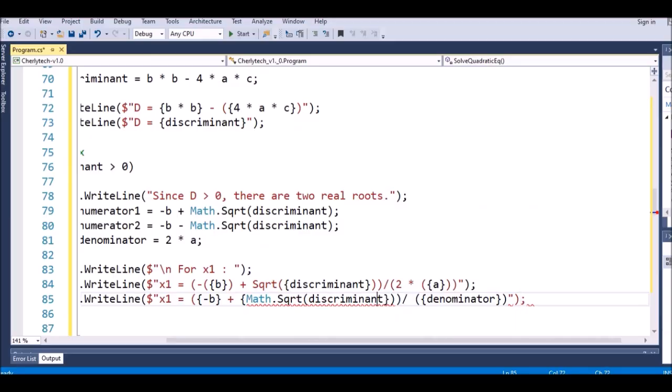But you see we still have the error about this. So what happened in here? Say minus b plus Math dot square root discriminant. Oh, this should be this one, right?